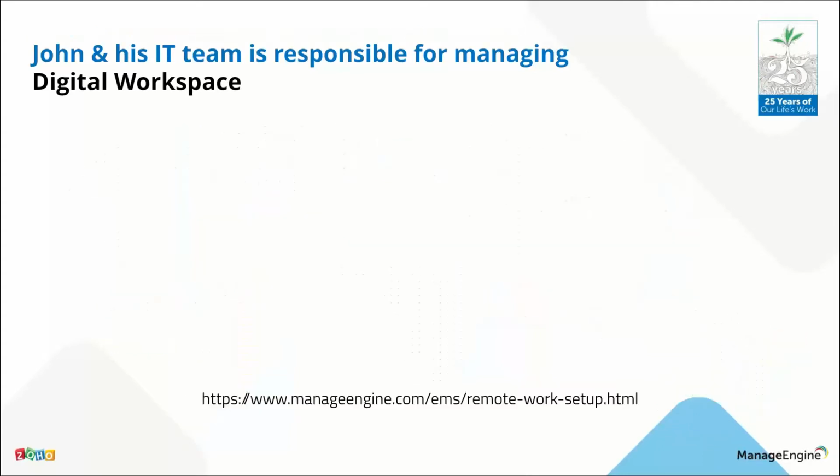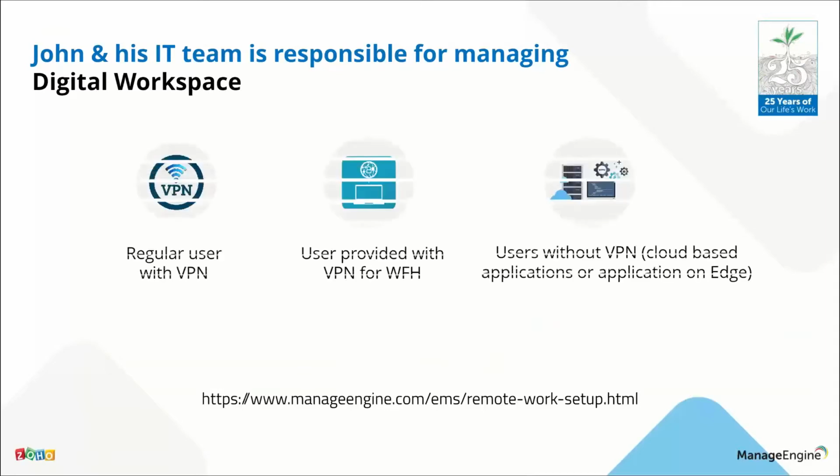In this scenario, there will be three types of users to be managed: a regular user with VPN connectivity, a user that is provided with VPN for work from home, and users without VPN who use cloud-based applications or an application on edge. So using the secure gateway server, you can manage completely remote users without VPN connectivity.